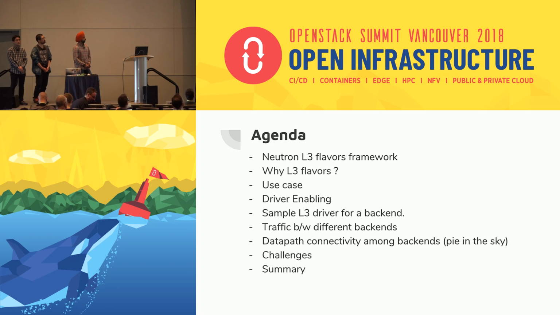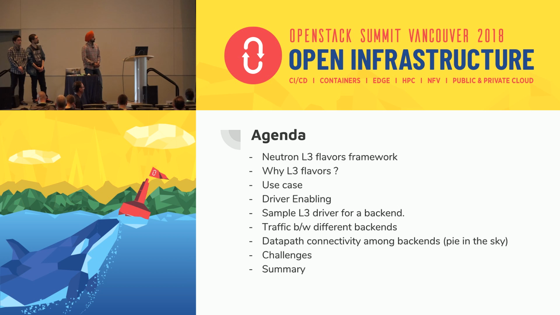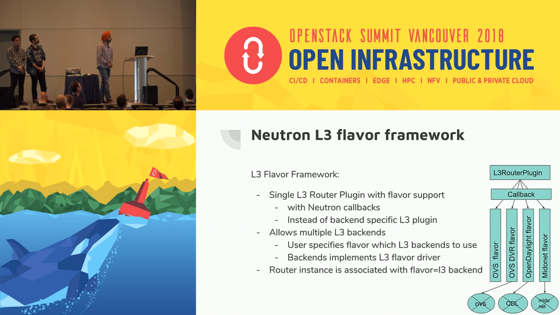We'll discuss traffic between different backends, how it is right now, and then move on to data path connectivity among the backends. Then we will also discuss challenges we faced while developing that driver, and then we'll wrap up with the summary.